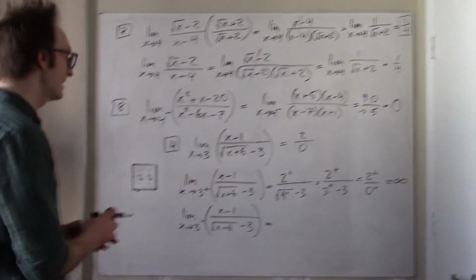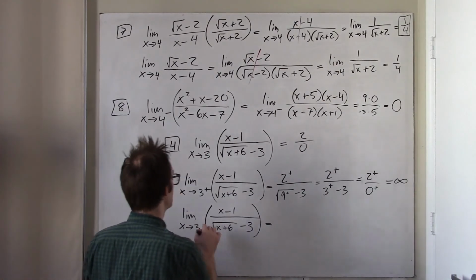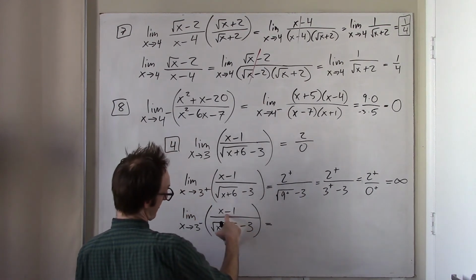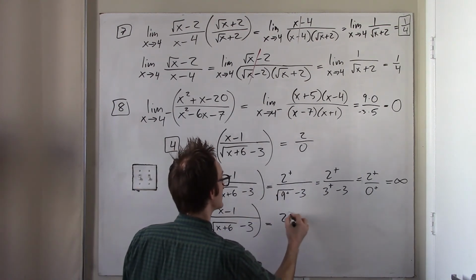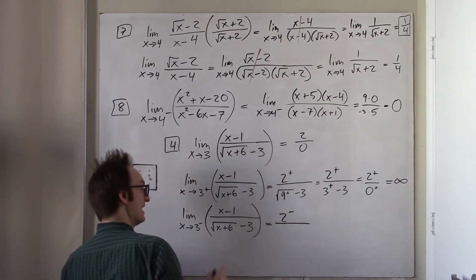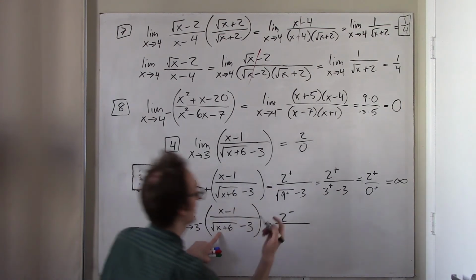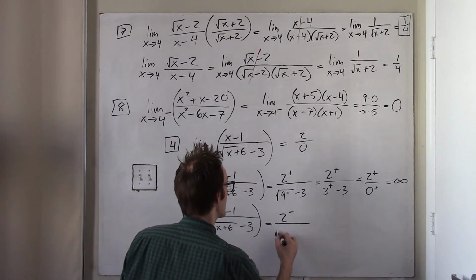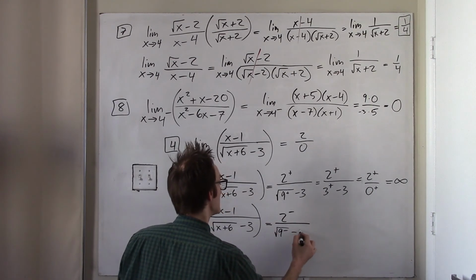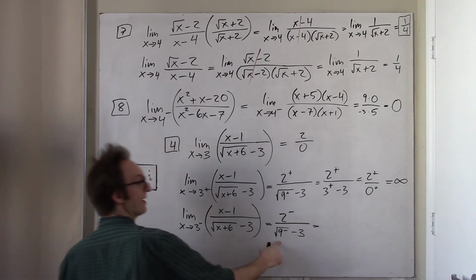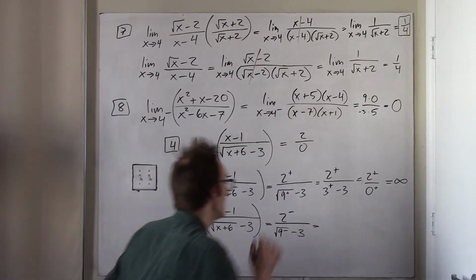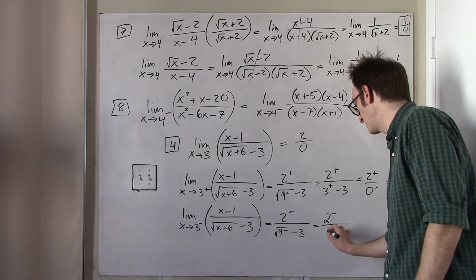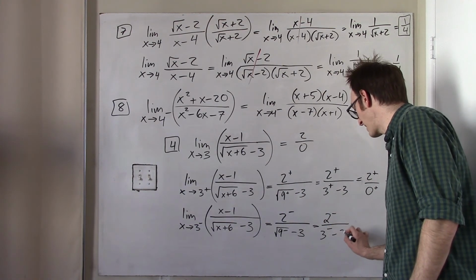Whereas, if x is a little bit less than 3, which is what this symbol means, now this number up here is a tiny bit less than 2. Down here, if I add a number a little bit less than 3 to 6, then I get a number which is a little bit less than 9. And what is the square root of a little bit less than 9? It's a little bit less than 3. So that's 3 minus 3.